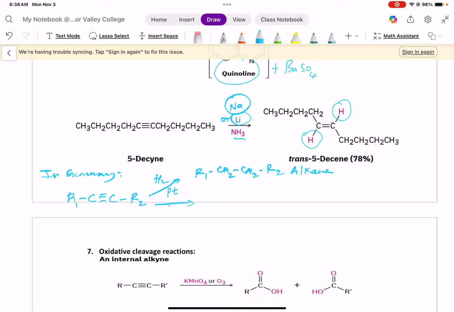If we do hydrogen with Lindlar catalyst, palladium and everything, we got the alkene with 2 hydrogens, cis alkene. And this is regardless, you can get alkane regardless how little hydrogen you use, okay?